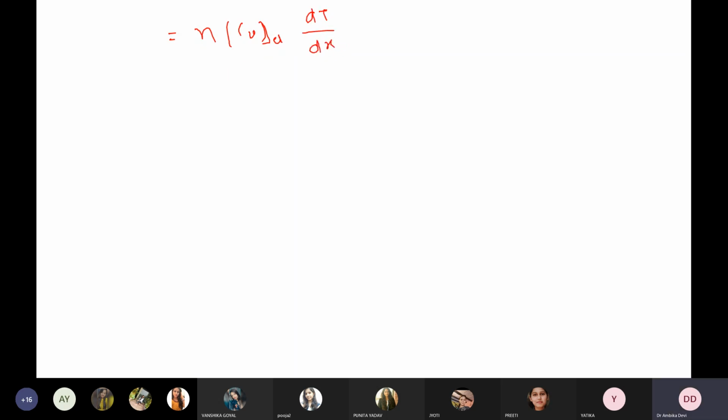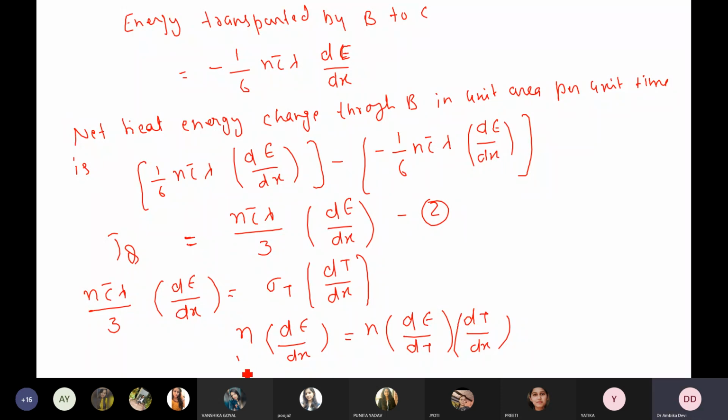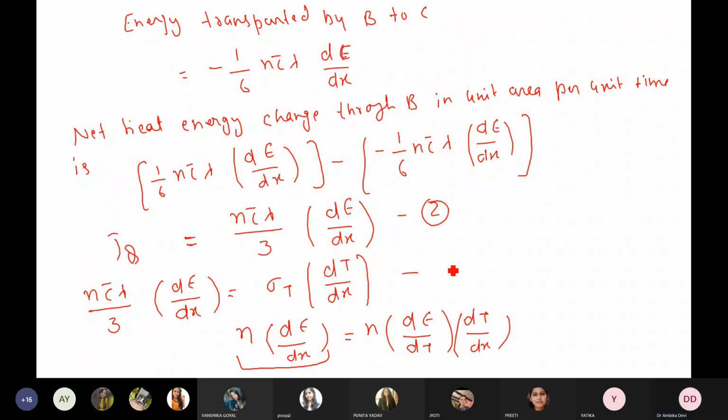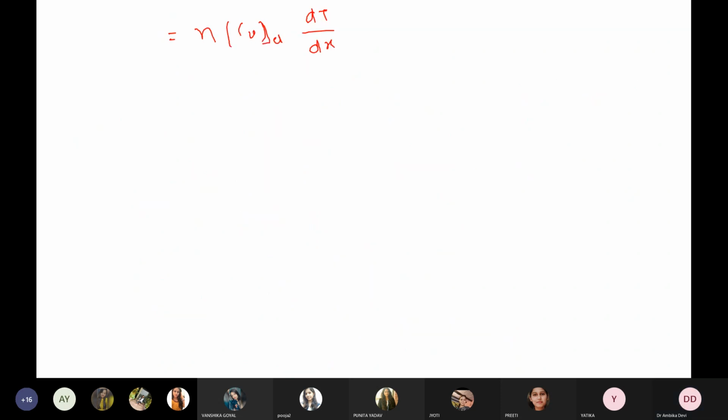Okay, now what will I do with this? This one, n dE by dx, I will be substituting into equation number 3. So this will become n c bar lambda divided by 3 into specific heat of the electrons dT by dx.